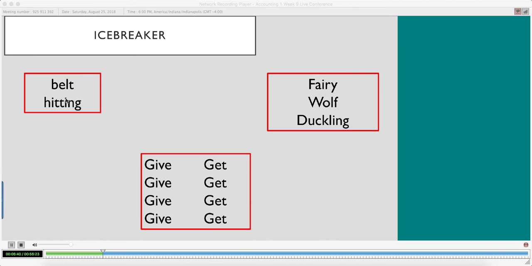How about fairy, wolf, and duckling? I've only had one student get the bottom one. Good job. It is actually the good, the bad, and the ugly, and then forgive and forget.